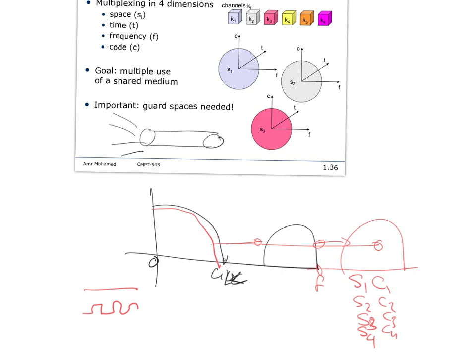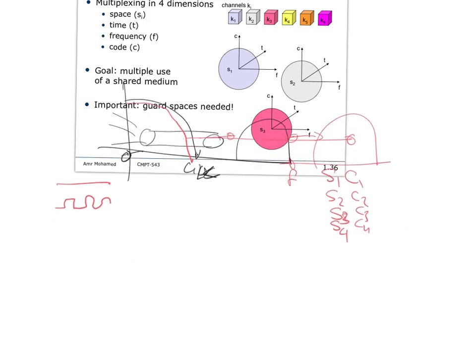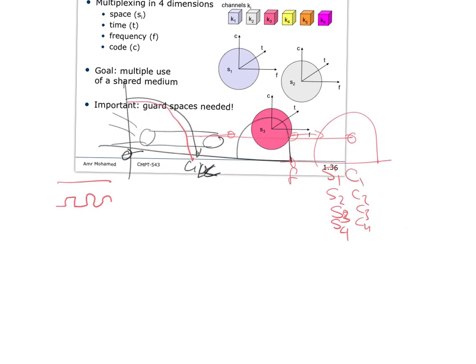Okay? So if we get the composite signal, which is S1C1 plus S2C2 plus S3C3 plus so on.